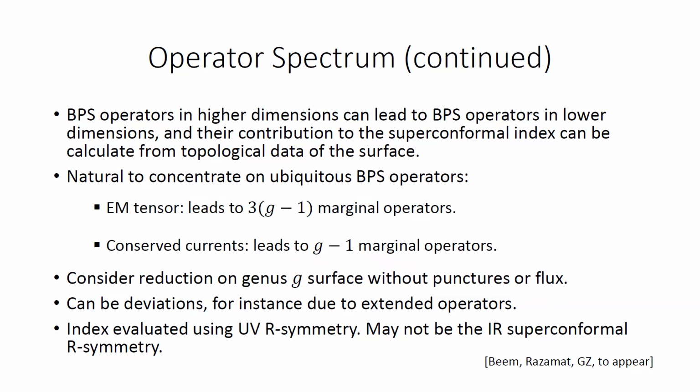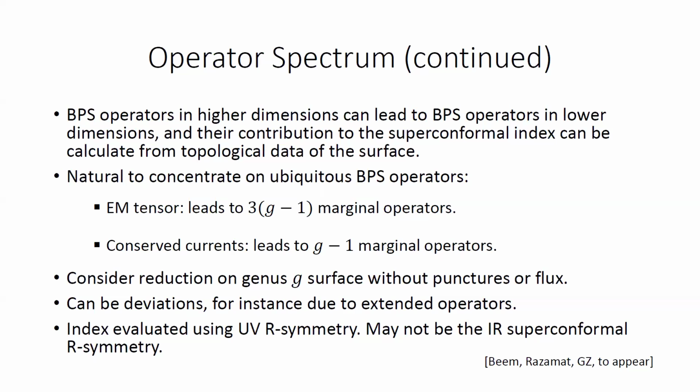Another issue is that the argument I mentioned so far was suggestive, but of course not a complete proof. There are various loopholes involved. For instance, I assume that if I have a BPS local operator in lower dimension, it comes from some local BPS operator in higher dimension. But it's possible for it to come from some extended operator instead. As such, there can be deviations from this expectation.